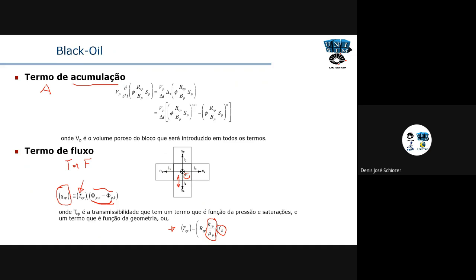For example, the mobility of gas is higher compared to the mobility of oil, because the viscosity of gas is much smaller than the viscosity of oil. If the relative permeability is higher, we're going to have a higher transmissibility. And this term here accounts for the solubility of the component in the phase. We are not going too deep into the explanation of this, because it is more a subject of the reservoir engineering classes. Here it is just to explain how the simulator works.